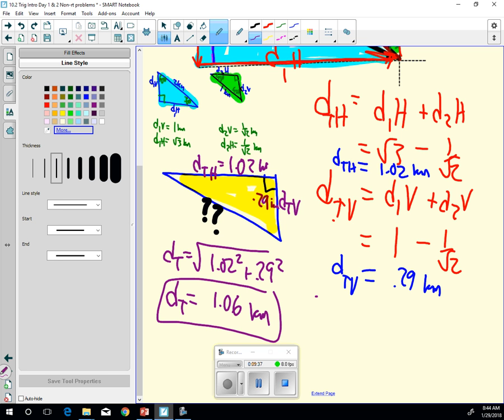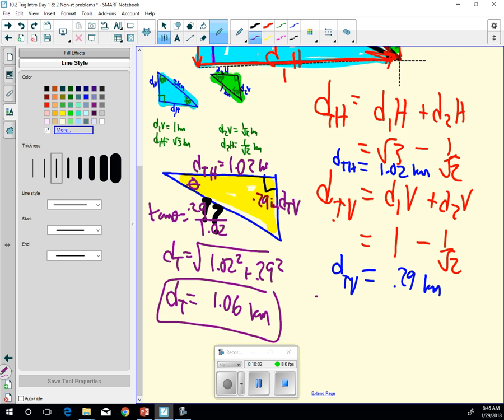We also want to know the bearing. We want to know this angle here. So turn to your neighbor and tell them what you do to figure out what this angle is if you knew 0.29 and 1.02. And I heard tangent. The tangent of theta is opposite 0.29 over 1.02.